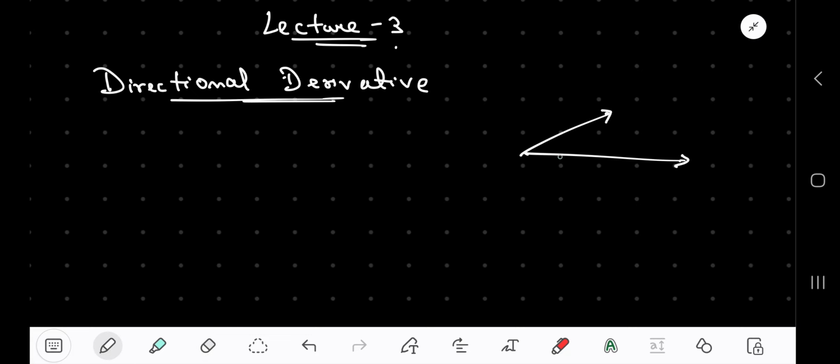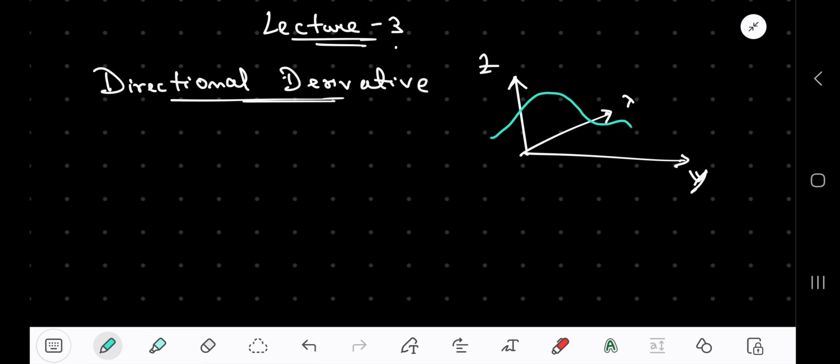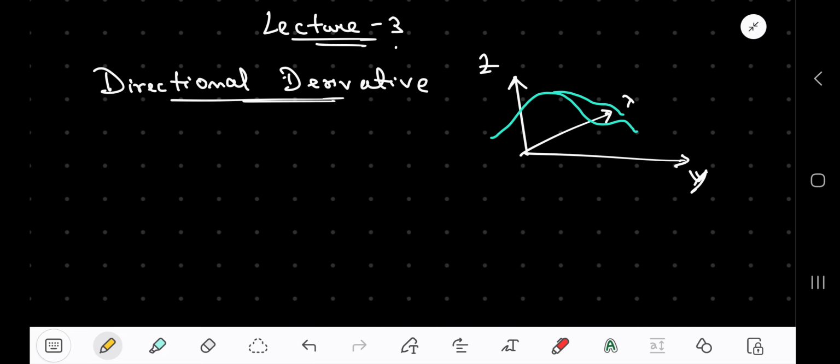Suppose this is my z, x and y, and say I have a curve like this in the 3-dimensional space, and let's say I am assigning a certain direction to this. Suppose I choose a point here and I choose a vector here like v naught.